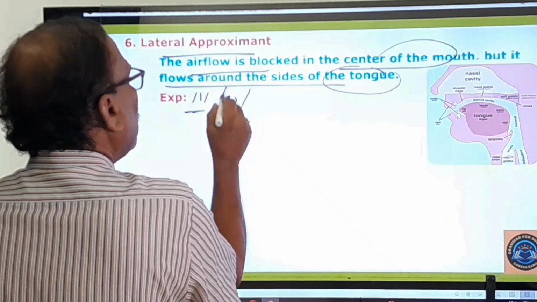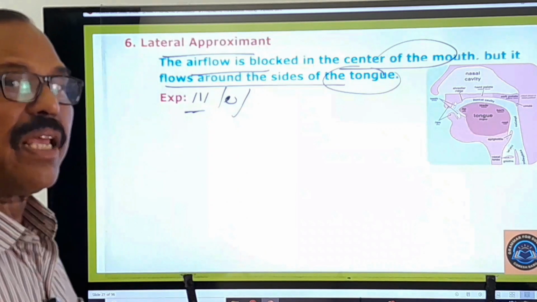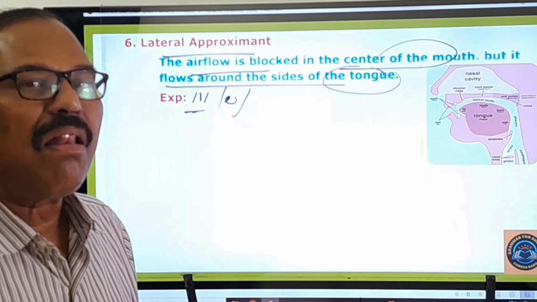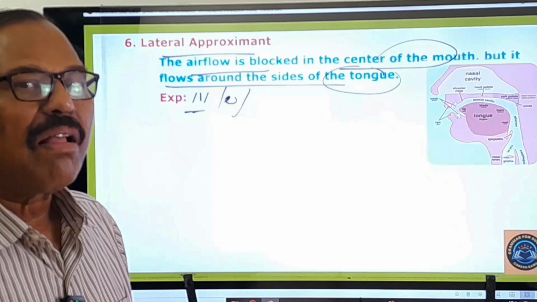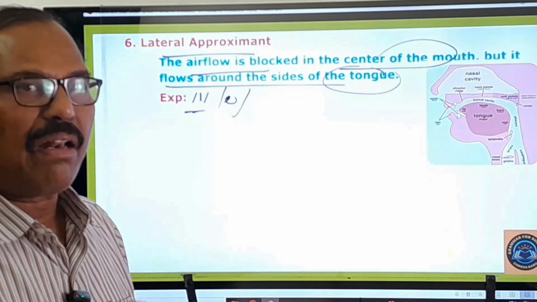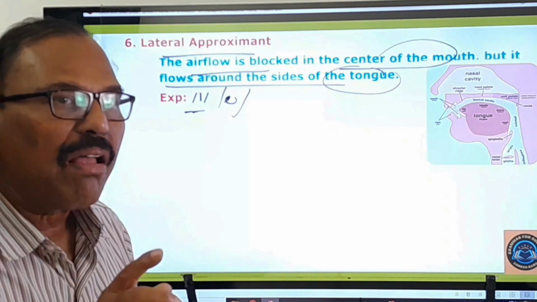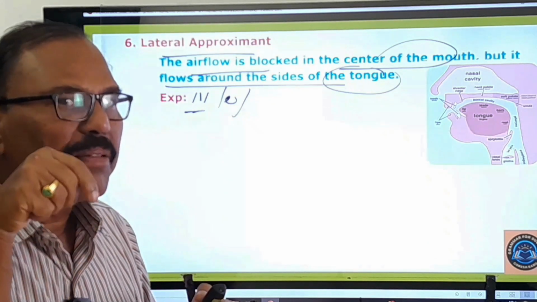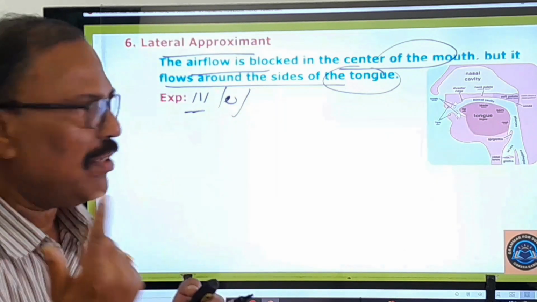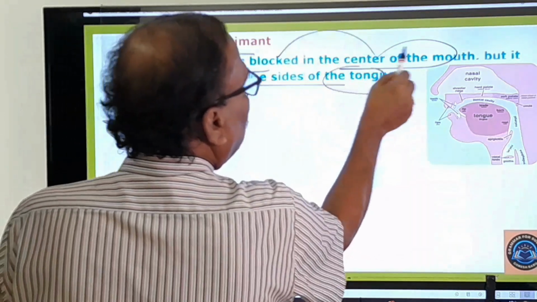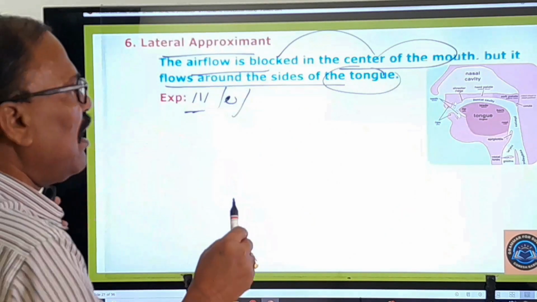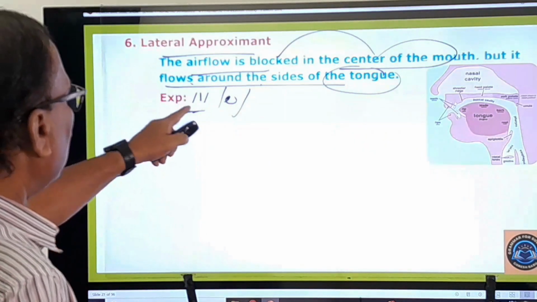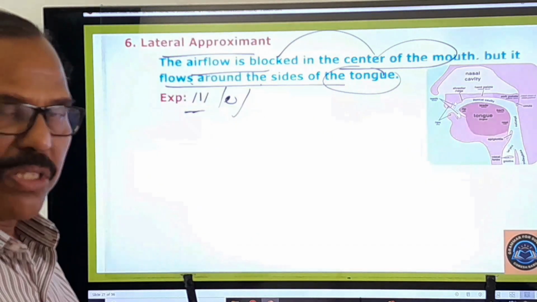So when you pronounce this la, just try and say, la, la. You are blocking the air. When you pronounce it, this air is blocked, but the air is passing from the sides of the tongue. So here the air is blocked in the center of the mouth, at one point, and it flows around the sides of the tongue. So that's why this L is called lateral approximant.